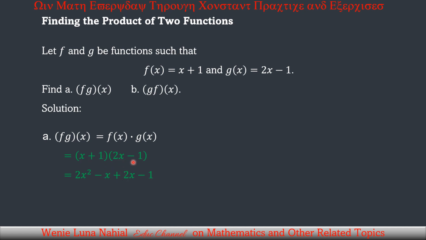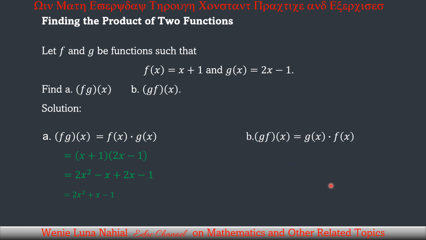Then positive 1 times negative 1, that is negative 1. Combining terms, you have 2x squared, then negative x plus 2x, that is x, then minus 1. So this is the product, f g of x, that is 2x squared plus x minus 1.